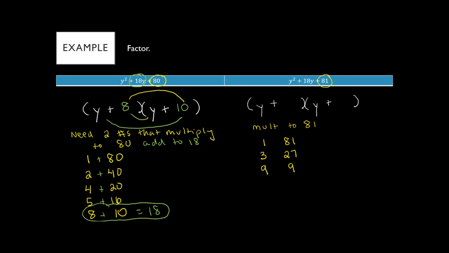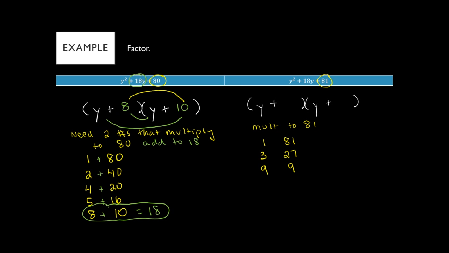You try 11. 81 divided by 12. No, 81 divided by 13. 81 divided by 14. 81 divided by 15. 81 divided by 16. And you keep going until you kind of start circling back around your list. In this case, there's only 3 choices that multiply to 81. So if you try anything else, it's not going to work.